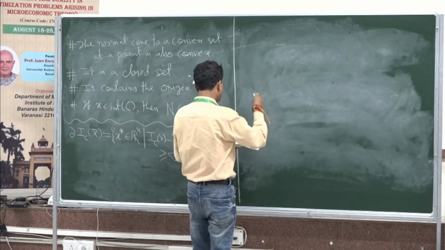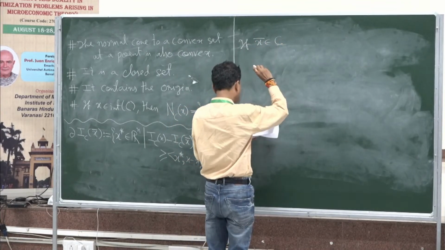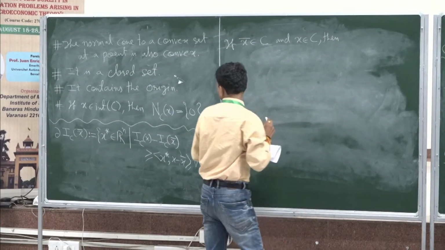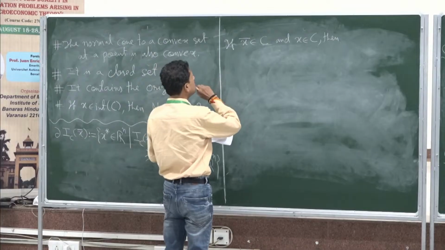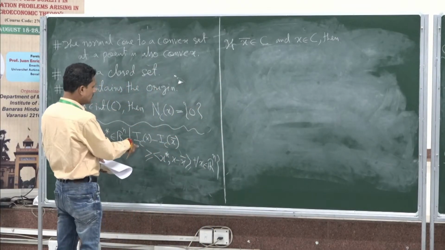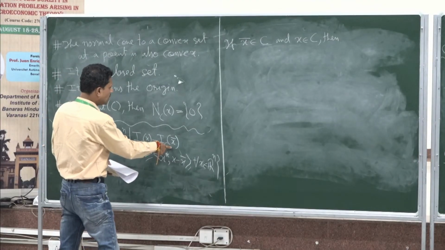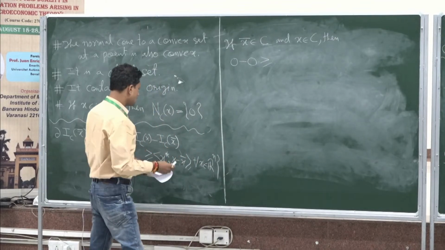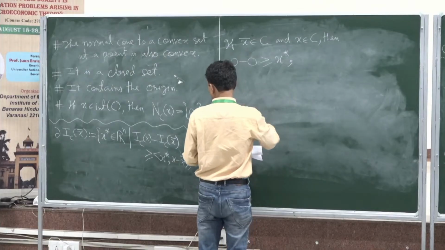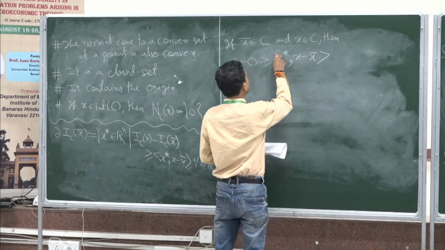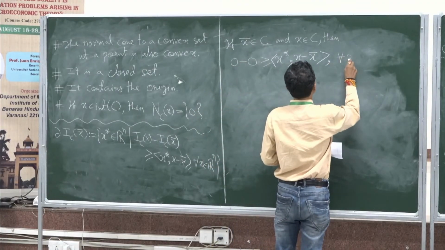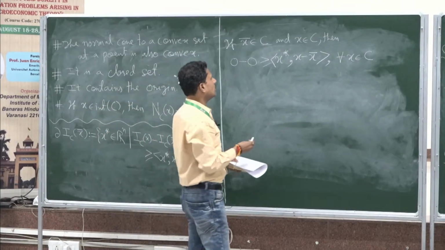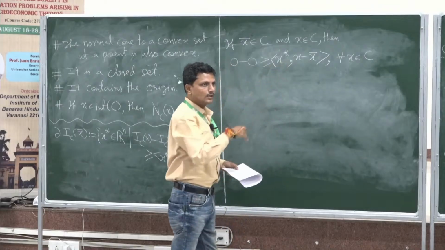The first case is if x bar belongs to C and x also belongs to C. Then according to this definition, we will have 0 minus 0, which is greater than or equal to x star, x minus x bar. And this should be true for every x in C.